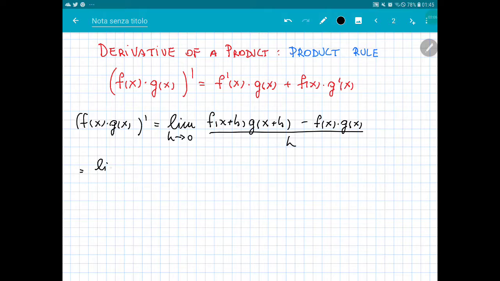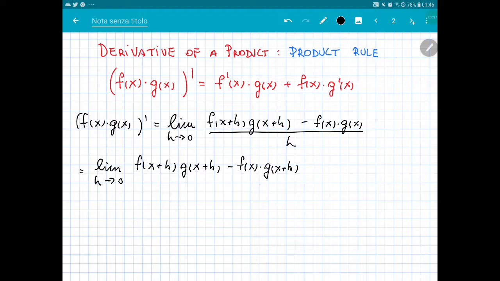So the trick is as follows. In the numerator, I'm going to add and subtract a same quantity. In particular, I will subtract f of x times g of x plus h.